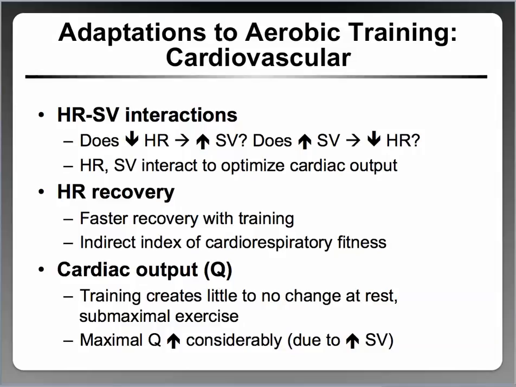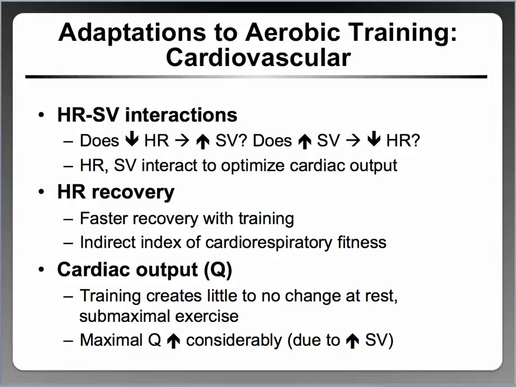We've talked about adaptations to stroke volume, and we've talked about adaptations with heart rate. Something we need to do real quick here is also talk about heart rate and stroke volume interactions. It's really a chicken or the egg type of question. Does a decrease in heart rate result in an increase in stroke volume, or does the increase in stroke volume result in a decrease in heart rate?